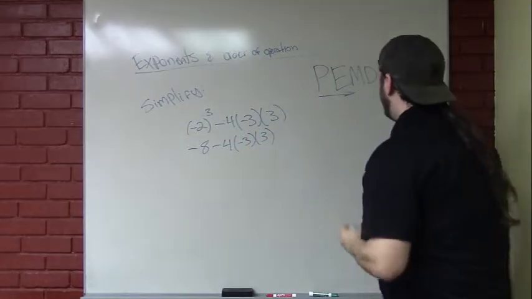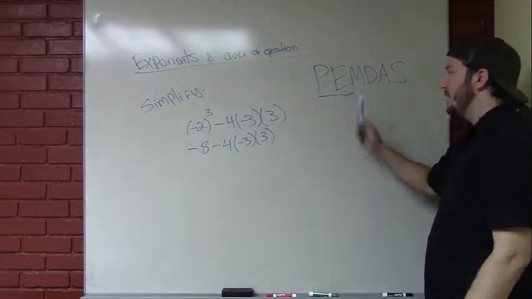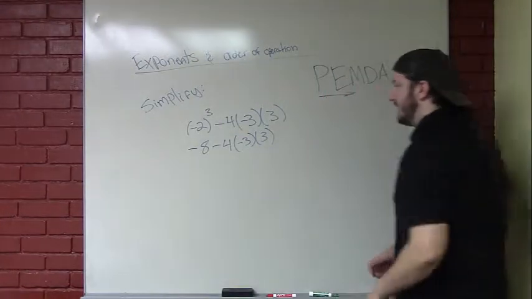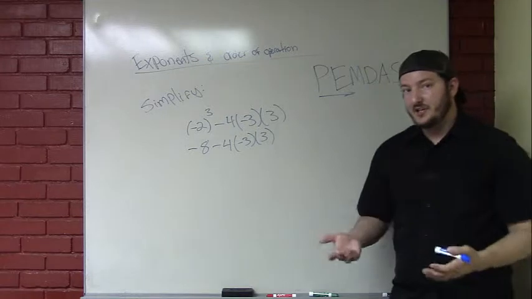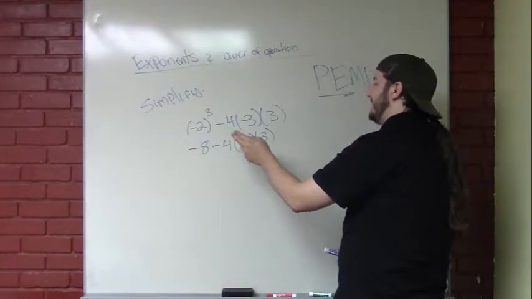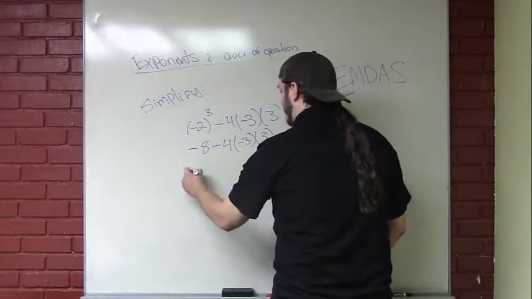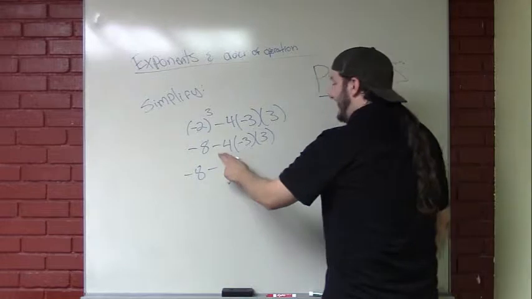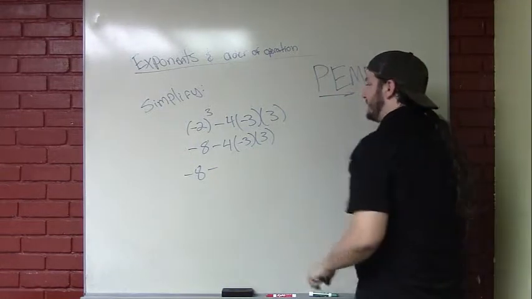Okay, now we did our exponents, now we're at multiplication. Well, these parentheses here, those indicate multiplication as well. So this is essentially negative 4 times negative 3 times 3. So we have a negative 8 here, minus, well, what's a negative 4 times a negative 3?